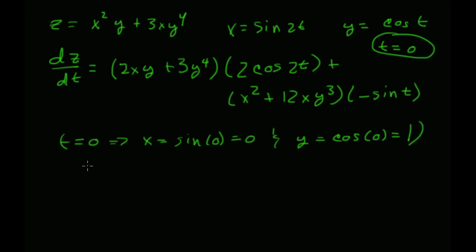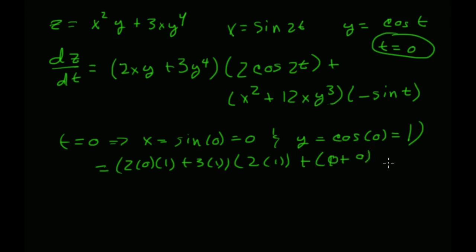Okay, so let's start substituting in. 2 times 0 times 1 plus 3 times 1 times 2, since this is cosine of 0, that's going to be 2 times 1. Plus 12 times 0 times 1 times negative sine of 0.